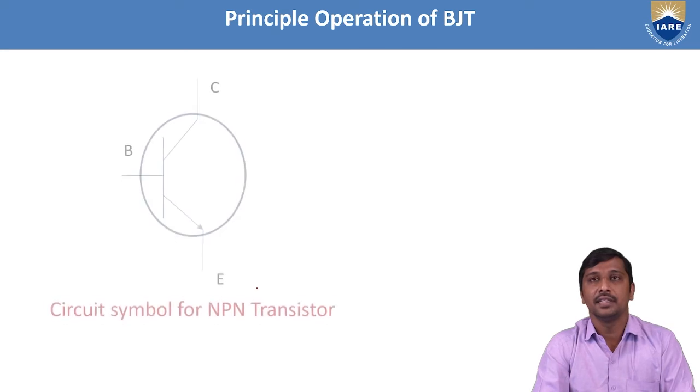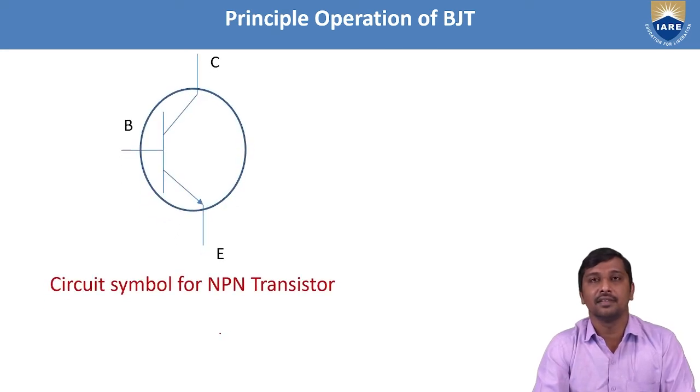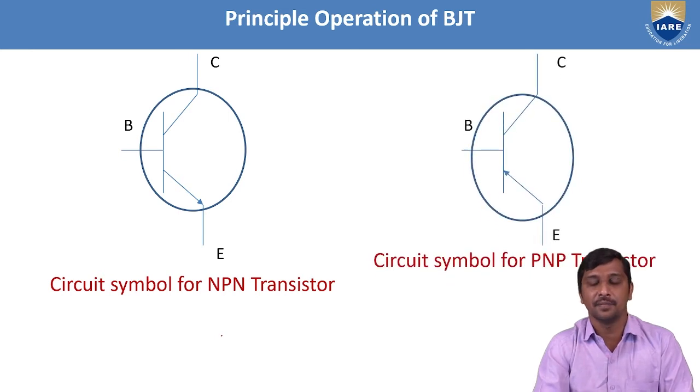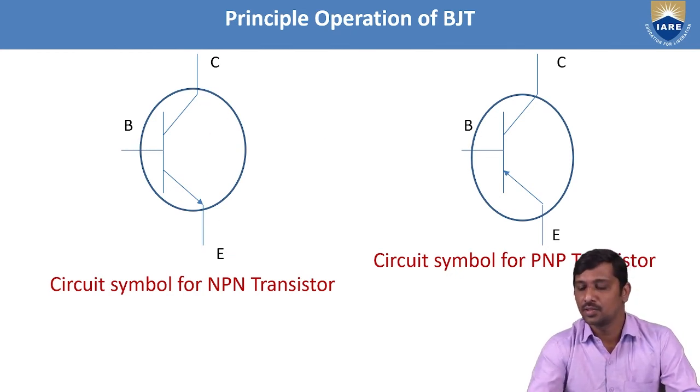Now here I am showing the symbolic representation of the NPN transistor as well as the PNP transistor. We know that the BJT contains three terminals: emitter, base and collector. Here also there are emitter, base and collector. The difference is how we differentiate the NPN transistor from the PNP transistor.